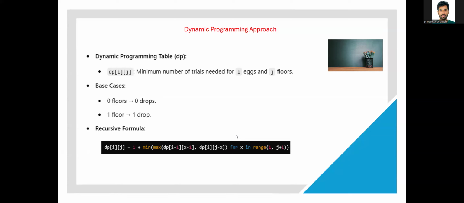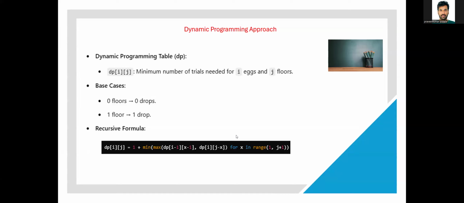And when it comes to the max, for each floor we consider two scenarios. The first is when we drop the egg from that x floor and the egg breaks. Then we have i minus 1 eggs in hand, and we need to check the remaining x minus 1 floors. The second is when we drop the egg at x floor and the egg didn't break.